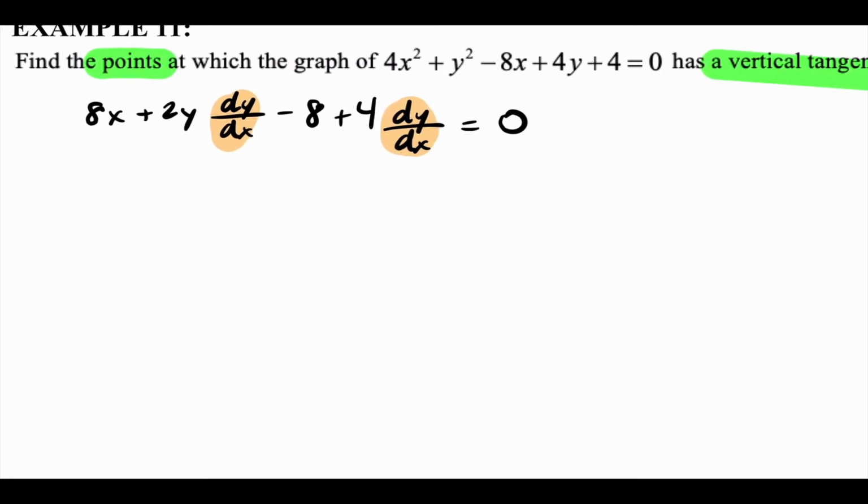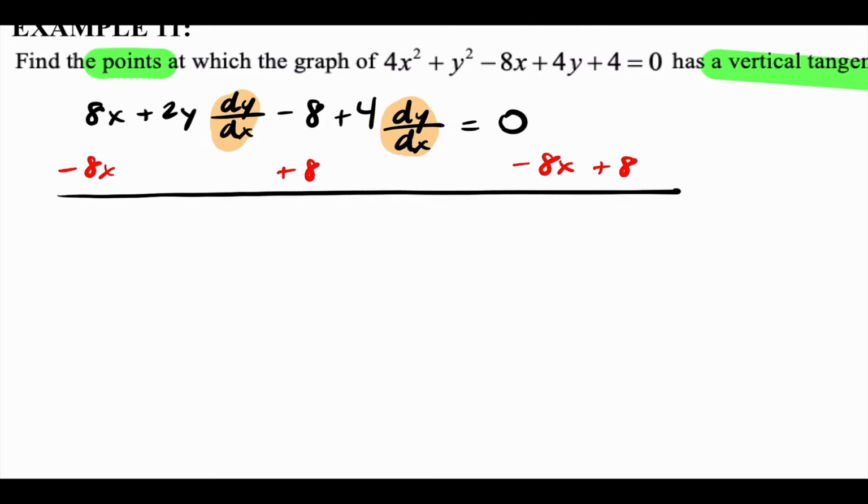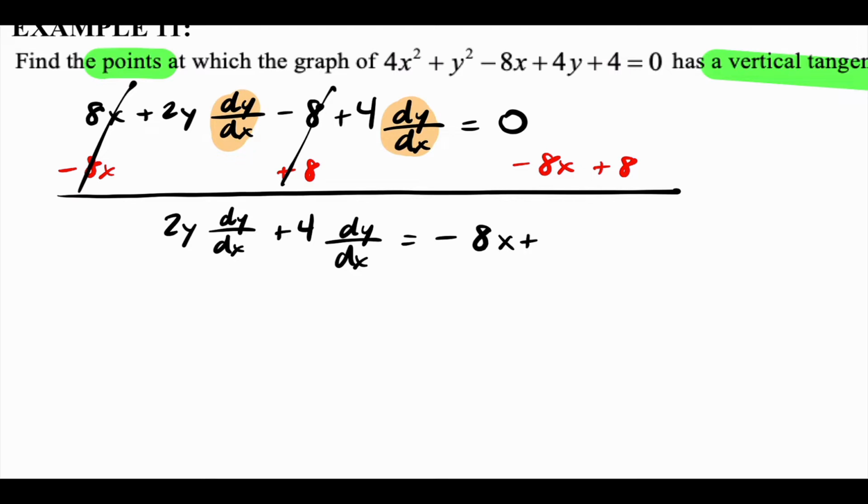Anything that's not attached to a dy dx, I'm going to move to the other side. Factor out dy dx.